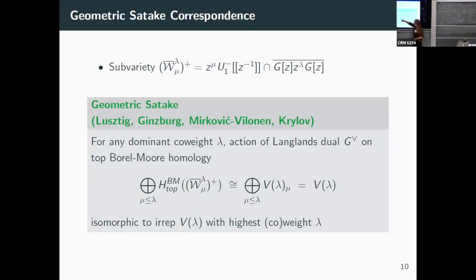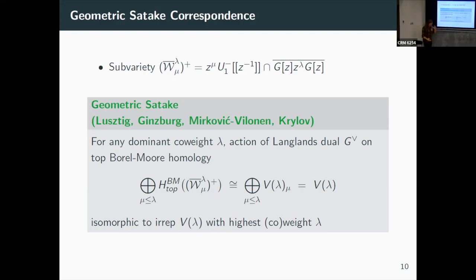Then you can look at all these different slices, for all different mu less than lambda, all the varieties I was just describing. You take these plus varieties, take their top homology, add that all together, and you get a representation. The claim is that it's a highest weight module with highest weight lambda.